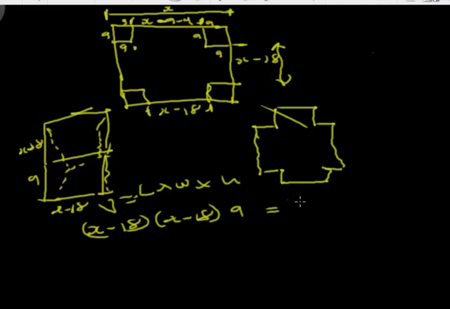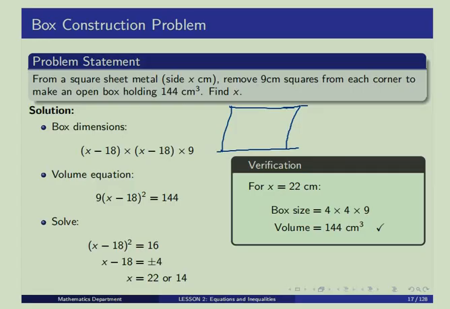So this is x minus 18 squared times 9 is equal to 144. I think I have worked this. Let me continue from here. So this is what we have: 9 times x minus 18 squared is equal to 144.